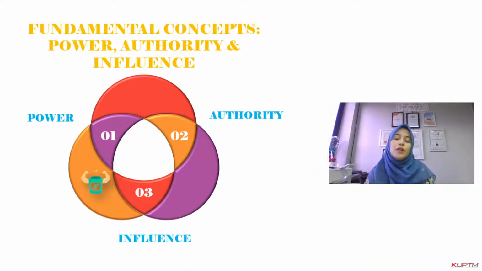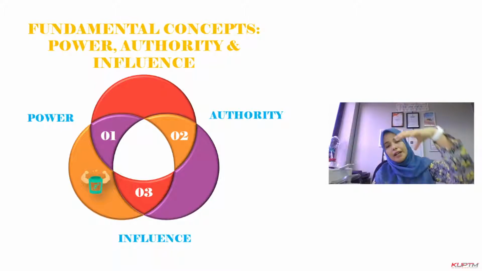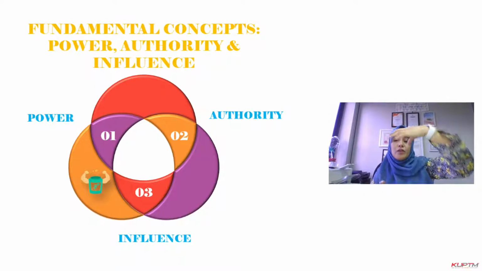So now we go to the main concepts in comparative politics. We have 3. Number one, power, authority, and influence. I believe when you hear these 3 words, you might use them interchangeably, but actually, power is an umbrella over authority and also influence.